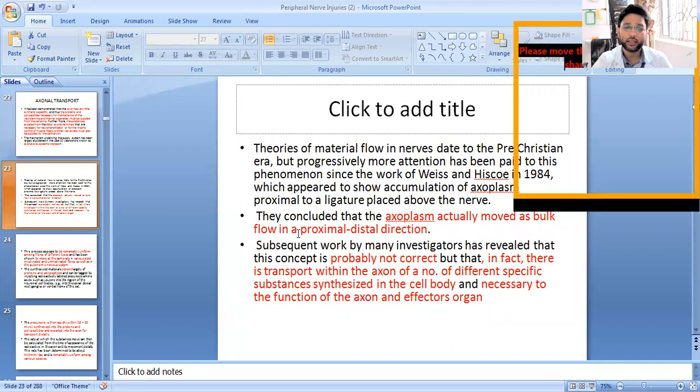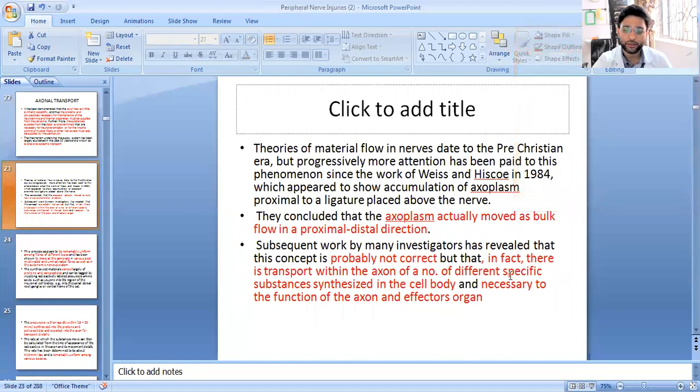They concluded that the exoplasm actually moved as bulk flow in the proximal to distal direction. Subsequent work by many investigators has revealed that this concept is probably not correct, but that in fact there is transport within the axon of a number of different substances synthesized in the cell body and necessary to the function of the axon and effector organs.